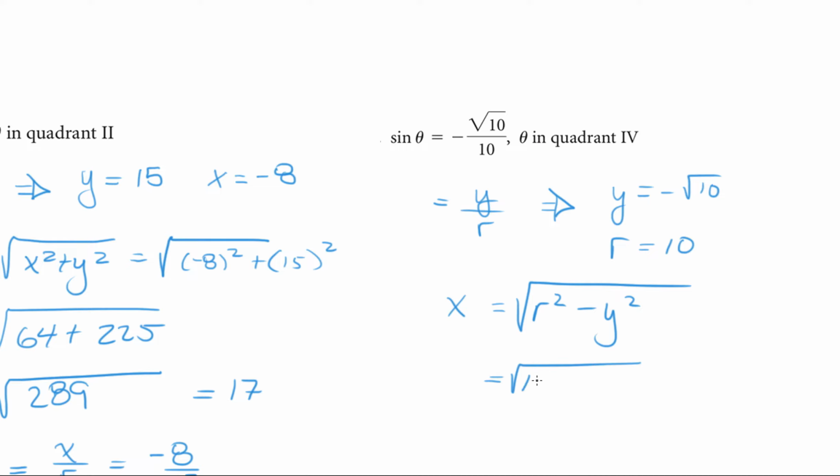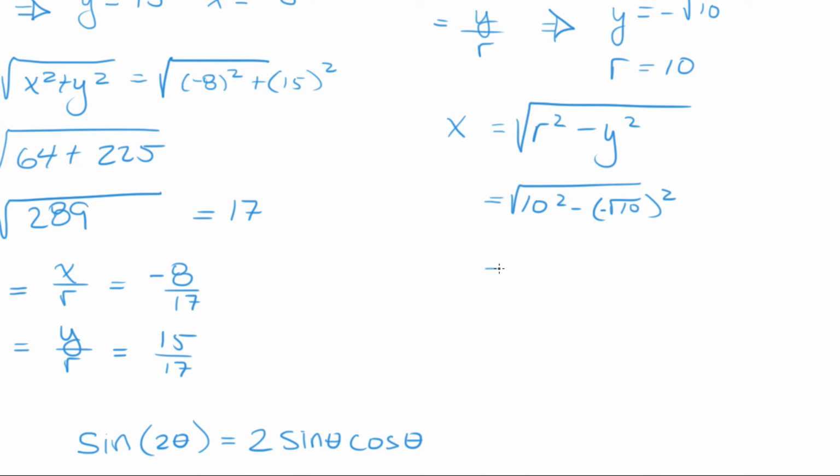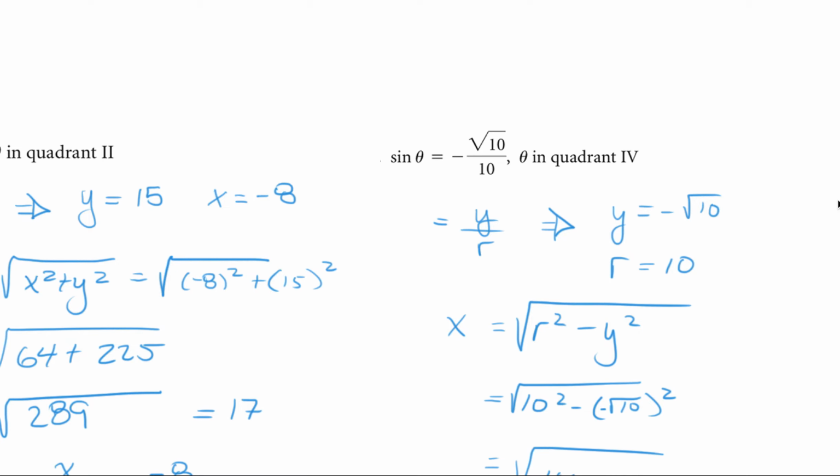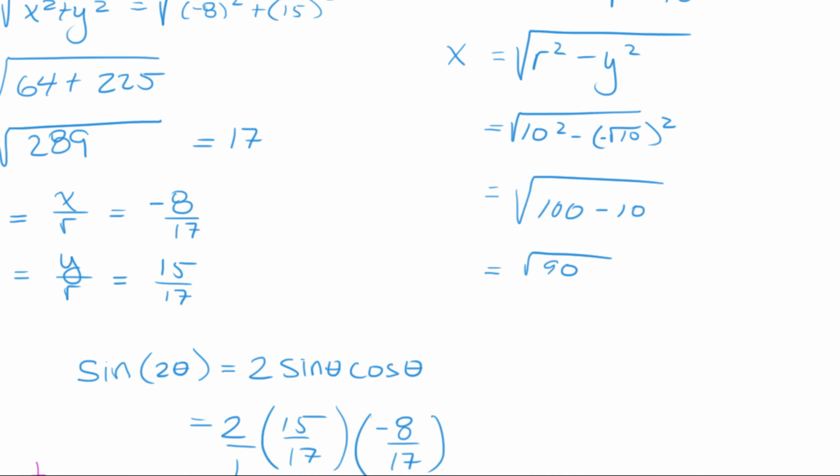This becomes 10 squared minus the square root of 10 squared. Oh, minus here. 10 squared is 100. The negative square root of 10 squared is 10. So this becomes the square root of 90. Now, since we are in the quadrant 4, x is positive.